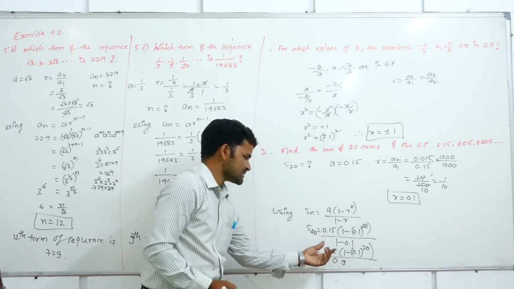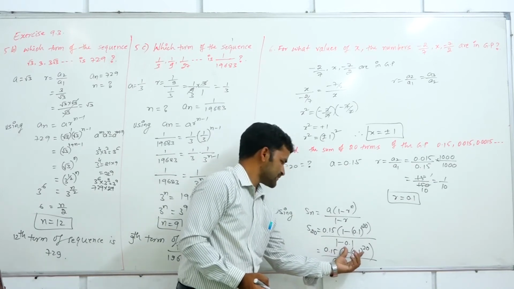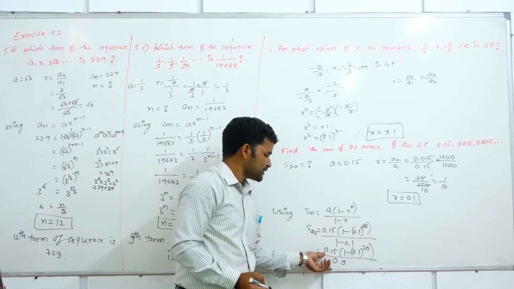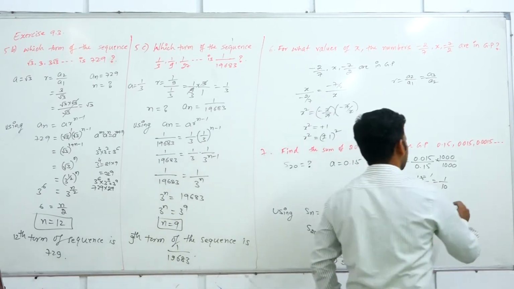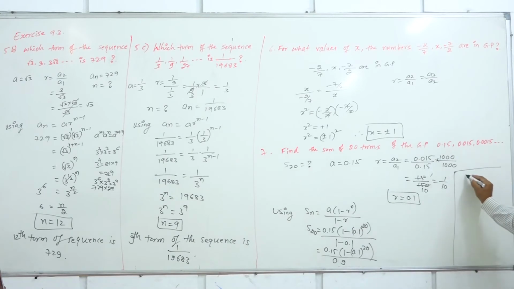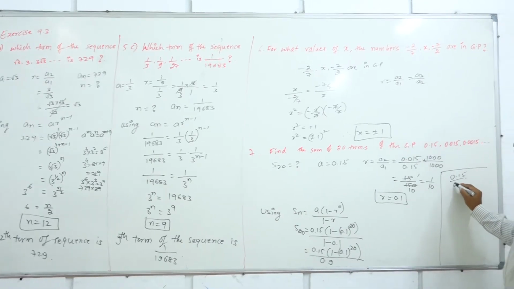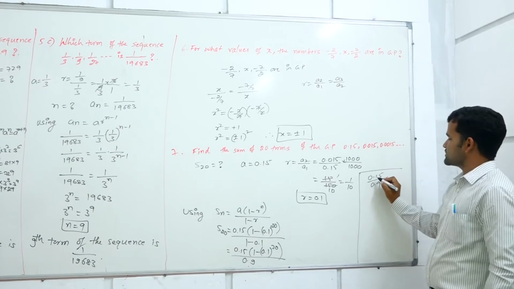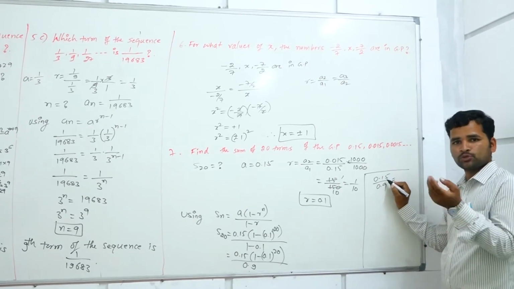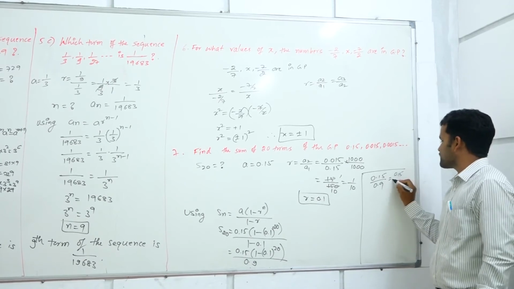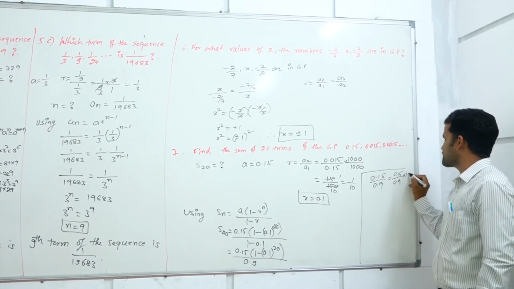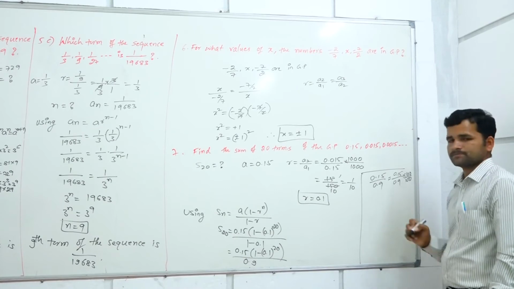We can simplify this. This one you keep it as it is. Further we can't simplify. 0.15 by 0.9 we can simplify. I will simplify it here separately. 0.15 by 0.9. See, this decimal point I want to shift 2 places to the right side. For that, 0.15 divided by 0.9, you multiply with 100 and divide by 100.